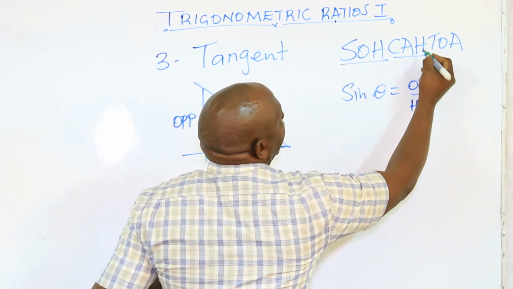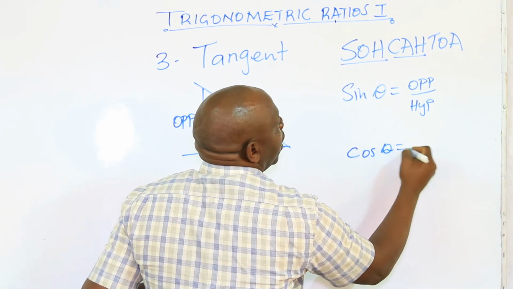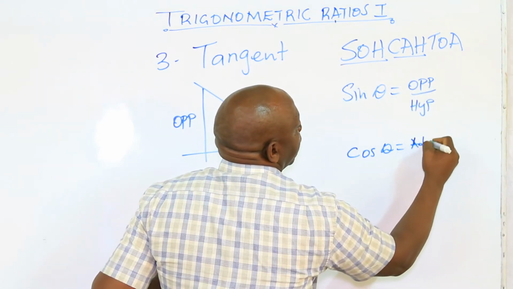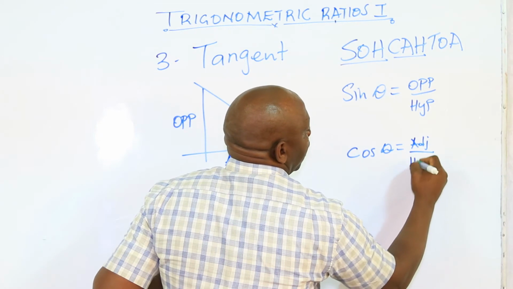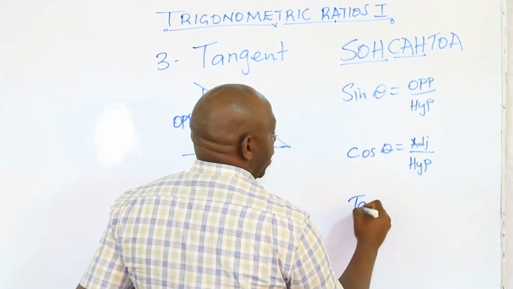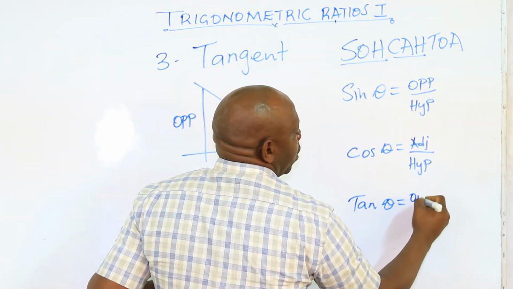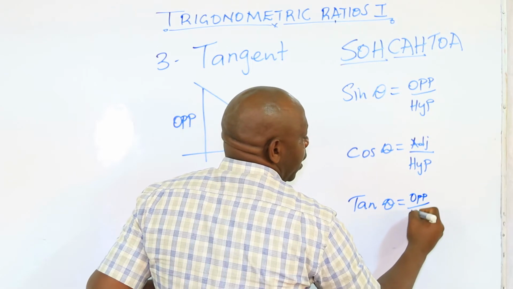You can see clearly here that cos of theta equals adjacent over the hypotenuse. And you can see clearly that tan of theta equals opposite over the adjacent.